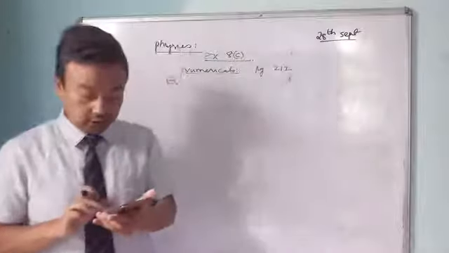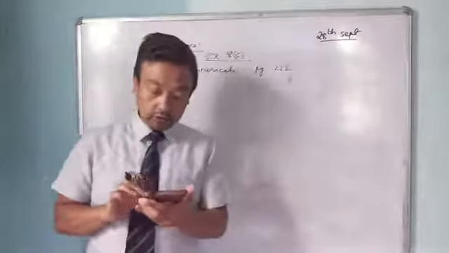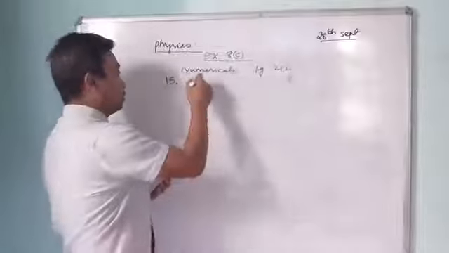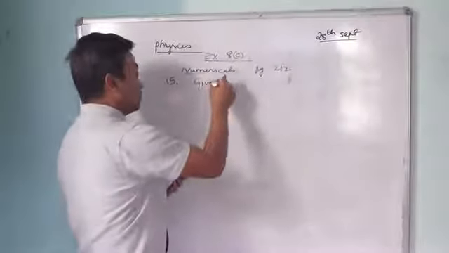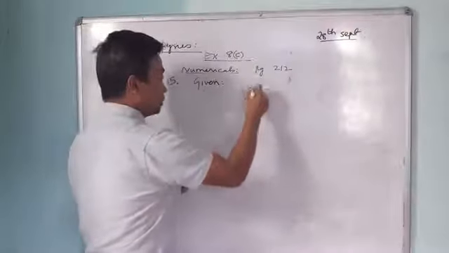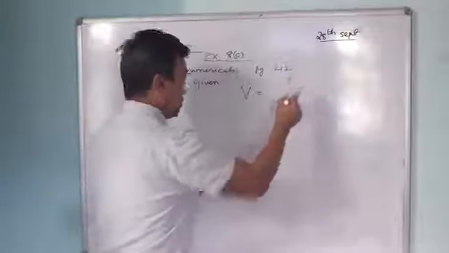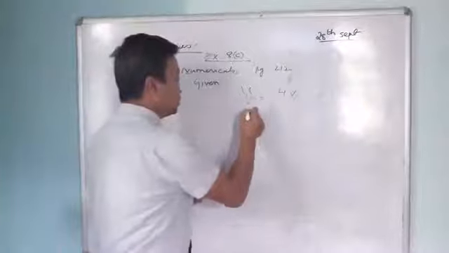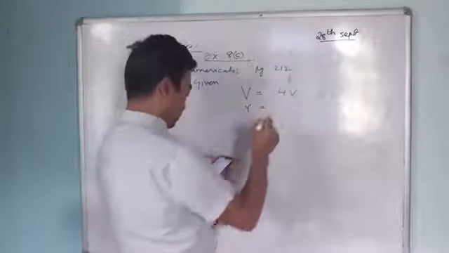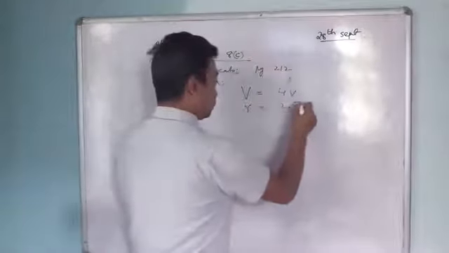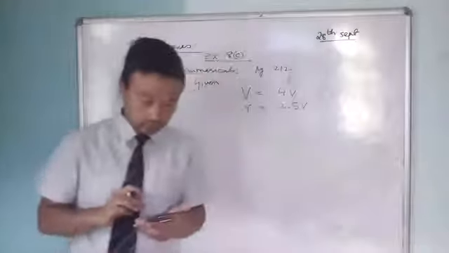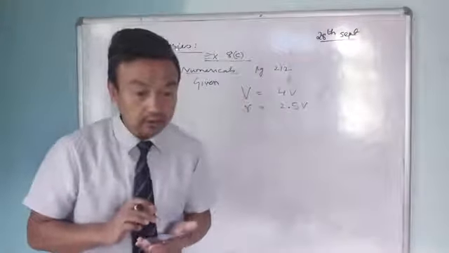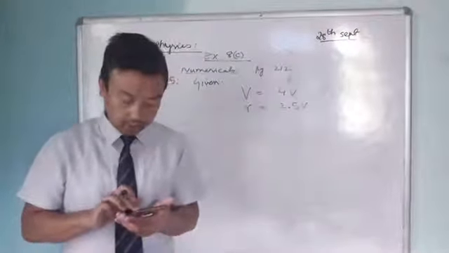A bulb is connected to a battery of potential difference 4 volt. Given there is a bulb connected to a battery of potential difference 4 volt and internal resistance, which we learned last time, is 2.5. The internal resistance is given to you as 2.5 ohm.